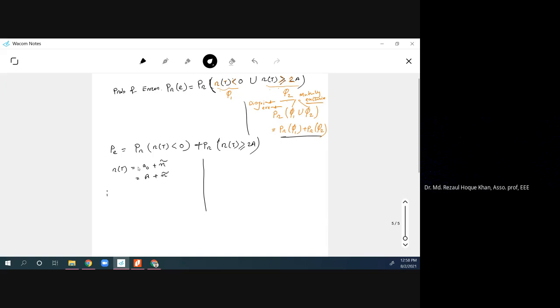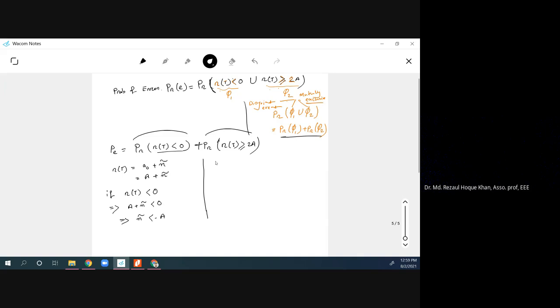So if RT is less than 0, then we can write A plus n tilde is less than 0. We find n tilde is less than minus A. So there are two conditions where error happens. If this is the condition, error happens, and this is the condition also where error happens.